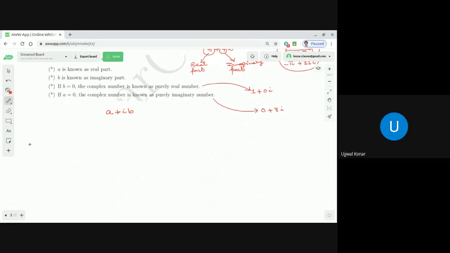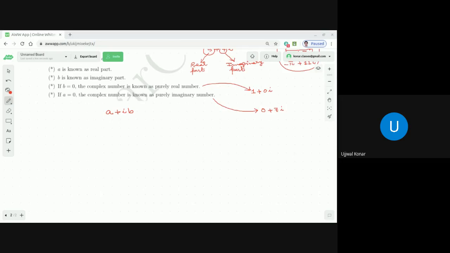So, dear students, here I would like to mention a very important, very conceptual point. Please note that a plus ib is a formal expression to represent complex numbers, in which a and b belong to R and i is equal to square root of minus 1.